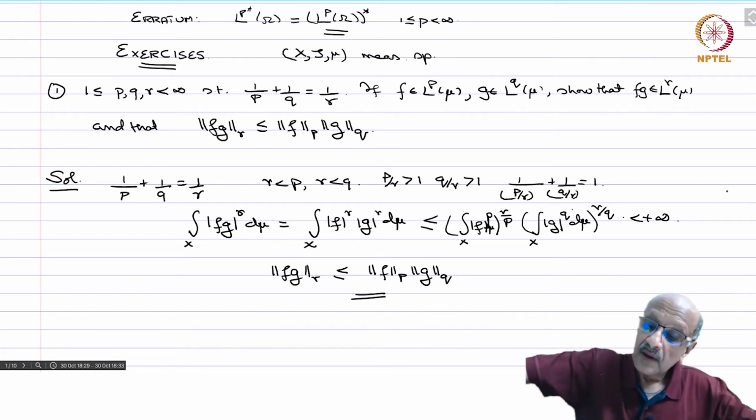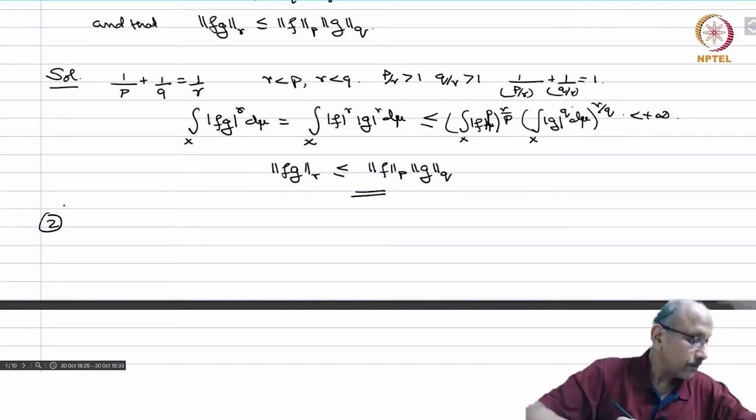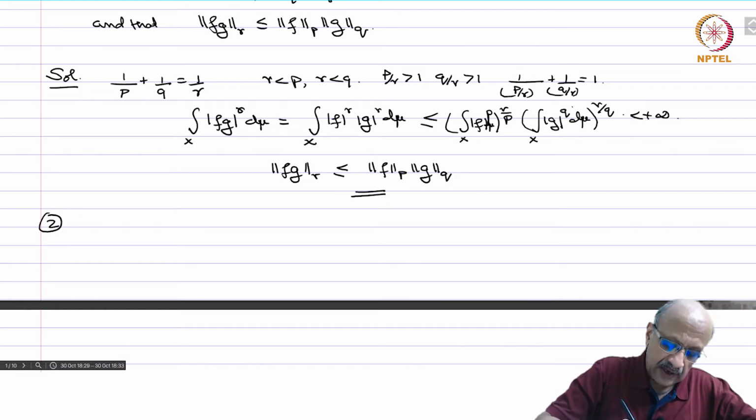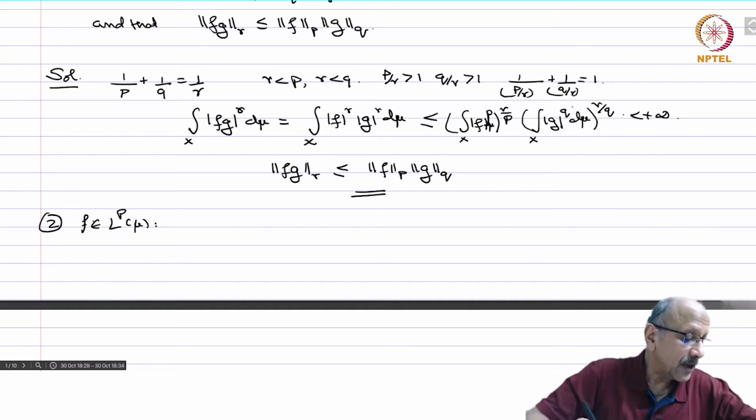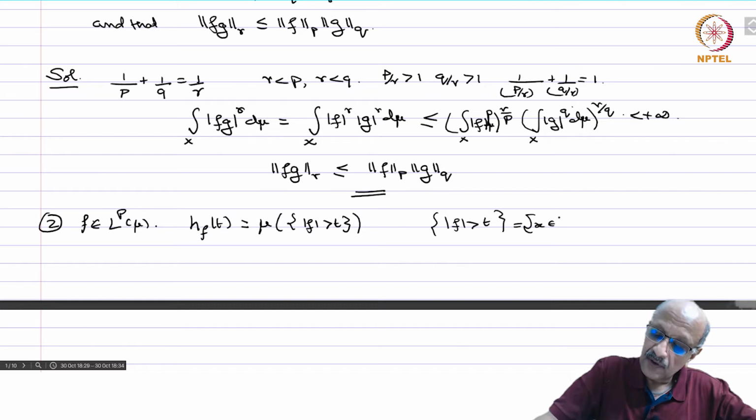Okay, second one is also an exercise. Let f belong to L^p(μ). Define h_f(t) equal to the measure of {|f| > t}. Recall, {|f| > t} is the set of all x in X such that |f(x)| is bigger than t.